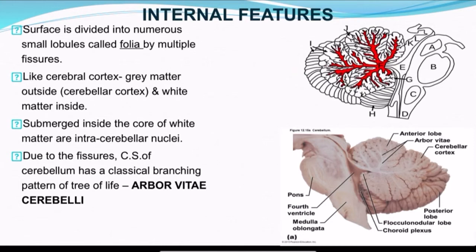If you look at the red color marked area in the upper diagram, you can make out a tree branching pattern, which is known as arbor vitae cerebelli. This terminology I am sure you heard in an earlier session when you were studying another organ, and that is arbor vitae uteri.